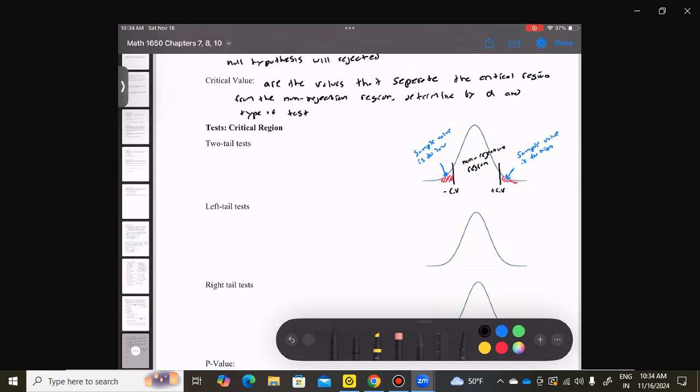Okay, so critical regions or rejection regions are in 2 extreme sides, each with an area of alpha over 2. And we use a two-tailed test when we have an alternate hypothesis that some proportion or some mean is not equal to. It's always the not equal to sign.